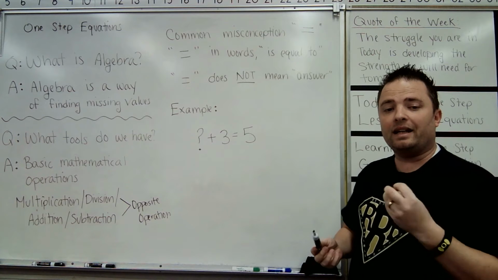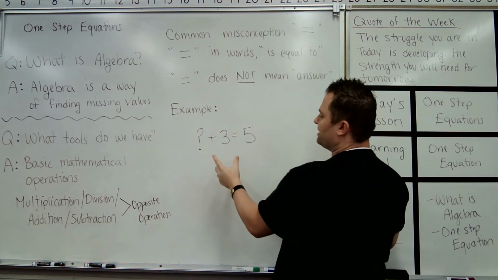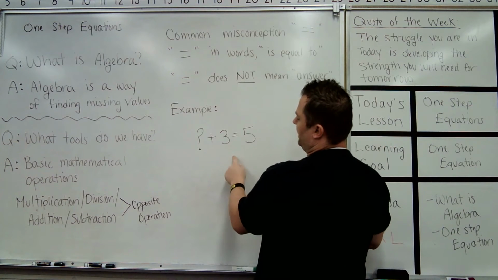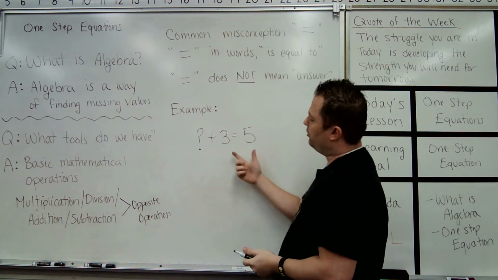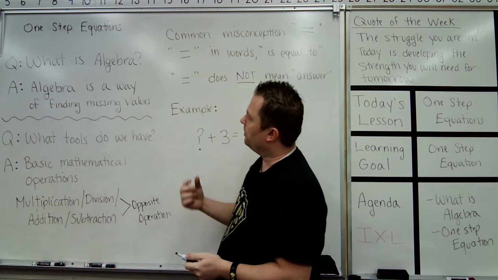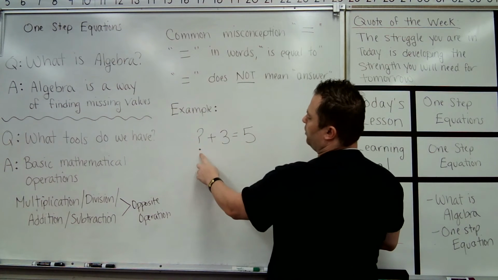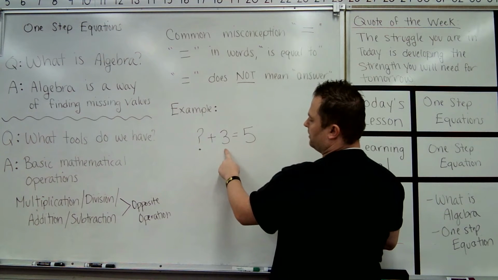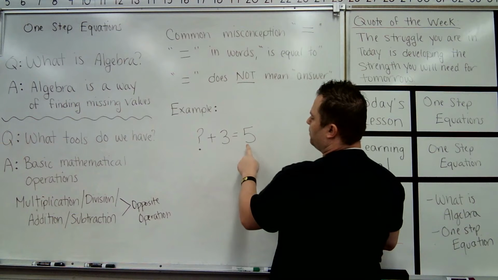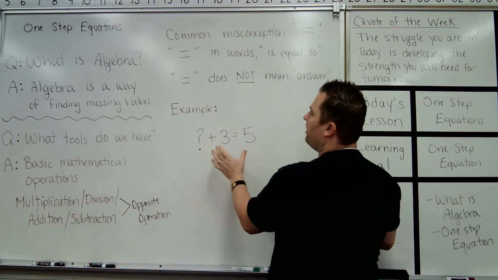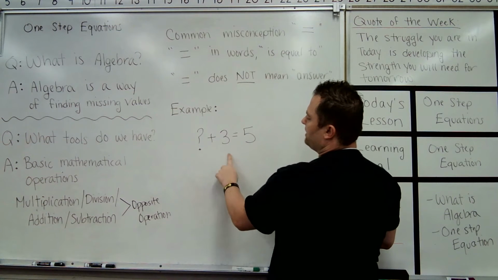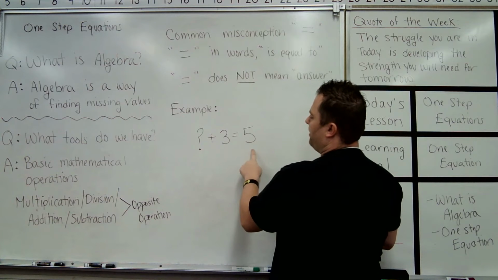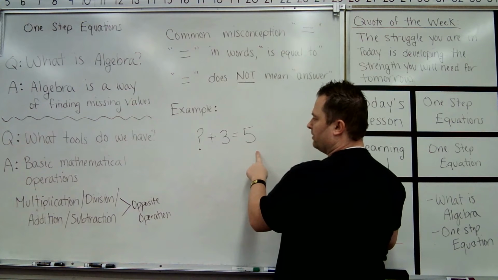So for example, this is an example of an equation, and equations are what we use in algebra. If we have a question mark, meaning some unknown number, plus 3, and it's equal to 5. This does not mean that this side is math and this side is answer.